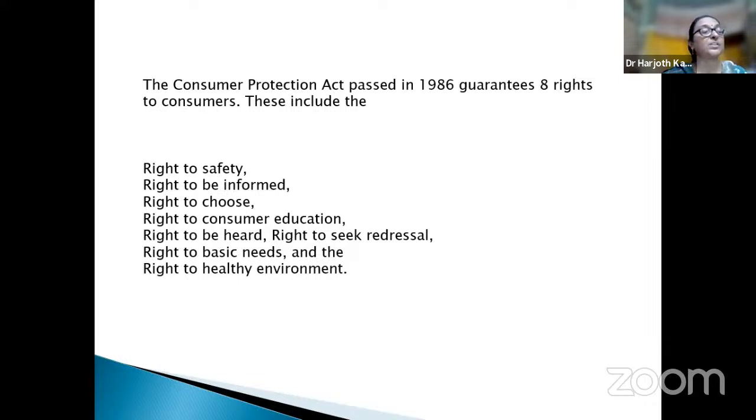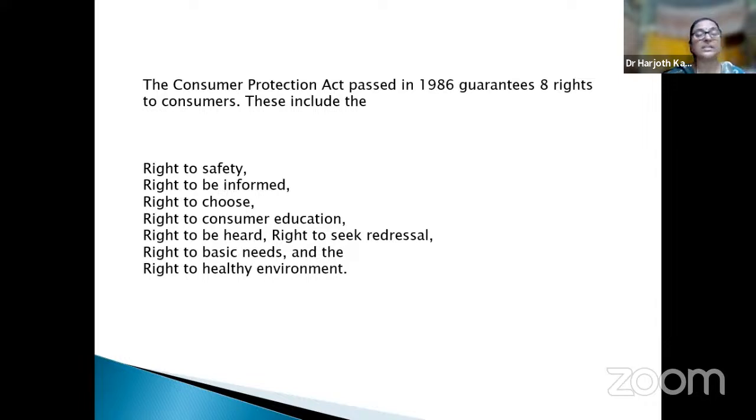So consumer here refers to any person who purchases some goods for a consideration that has either been paid or promised to be paid, or partly paid and partly promised, or under any system of deferred payment or installments, and includes any user of such goods other than the person who purchases them for consideration paid, with the approval of that person. Then we are calling that person a consumer.